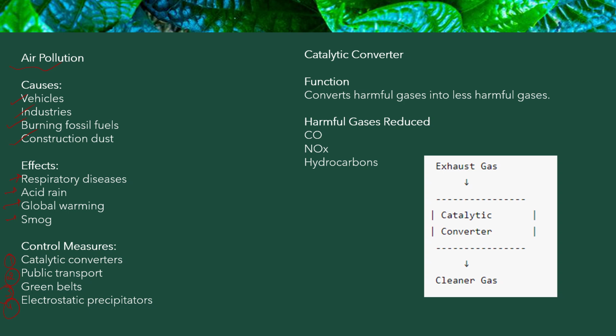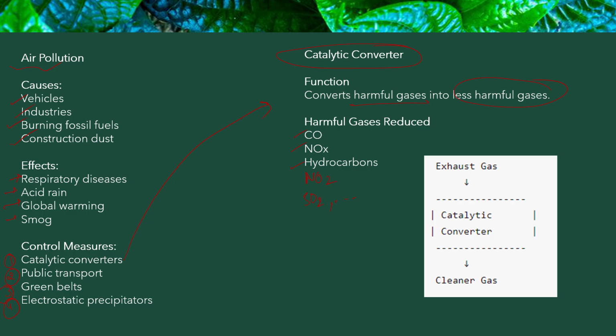So now, we have seen air pollution. Now next, we'll be seeing catalytic converter under this, which is a control measure. So it is used to convert your harmful gases into less harmful. Sometimes it's not possible to have a cleaner gas, but a less harmful gas is sometimes possible. So we'll be seeing CO, NOx, hydrocarbons, one is NO2, SO2, and so on.